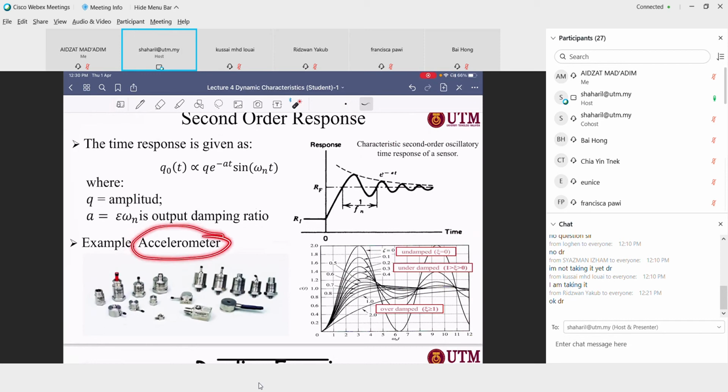We have not learned this one, but we can draw the mechanical system. It is like you use a mass and a spring, right? So when the mass moves there and then moves right, this is the simplest system for the accelerometer lah.